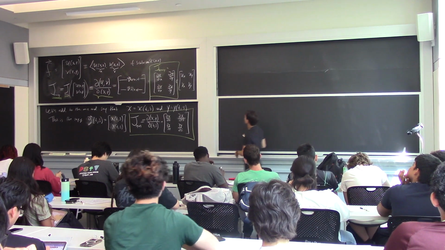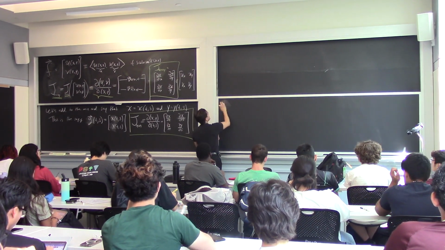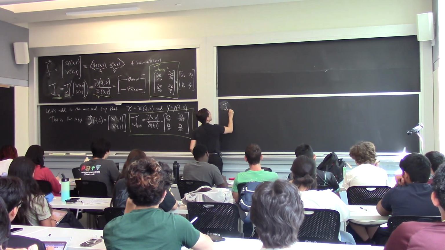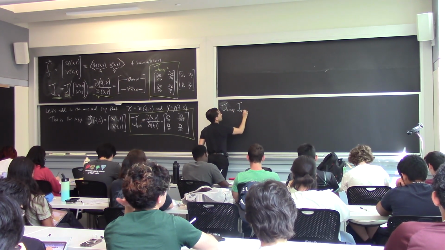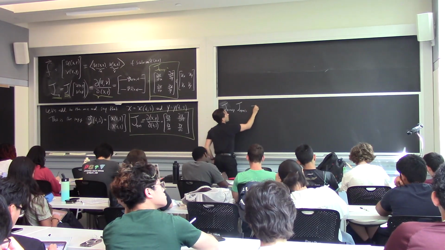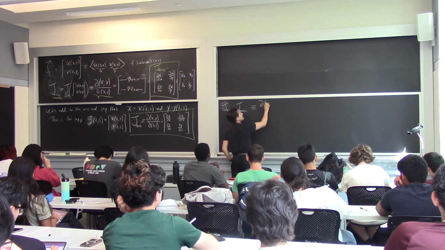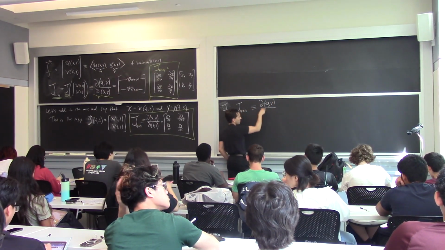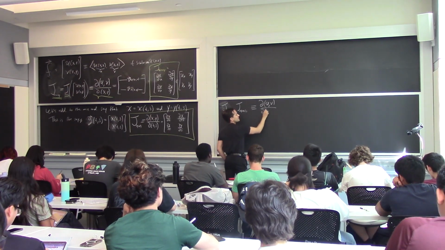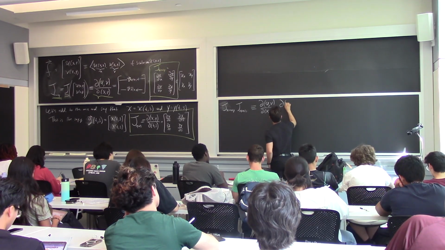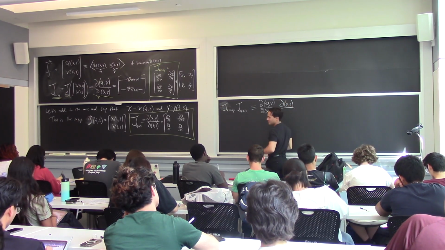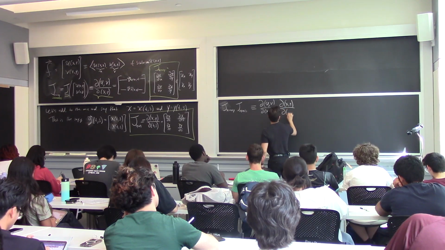So I'm going to say J uv xy multiplied by J xy to ts, which is notationally the same thing as saying d uv by d xy, times d xy by d ts.